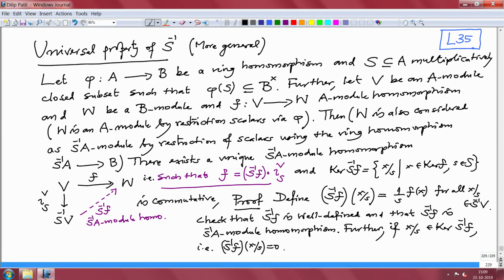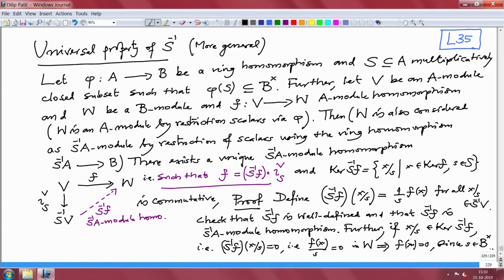By definition this means Fx over s is 0 in W, but W is a B module, where this s in B is invertible, so that will imply Fx is 0, since s is a unit in B, the image of s, same as s.